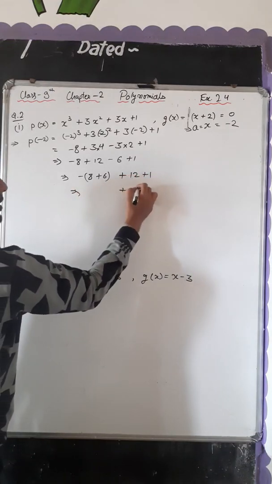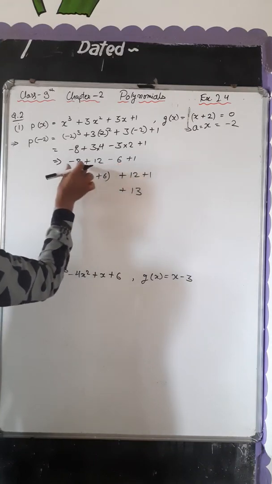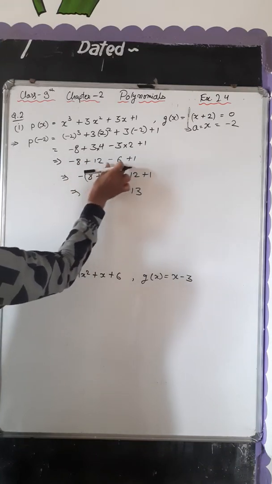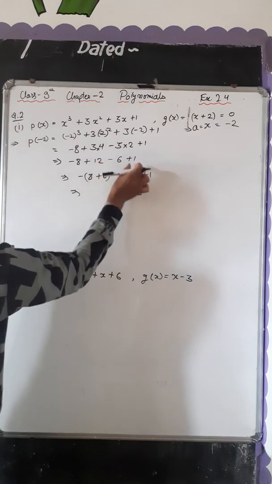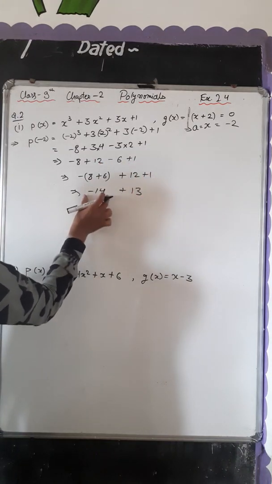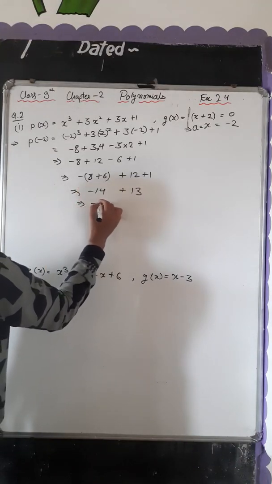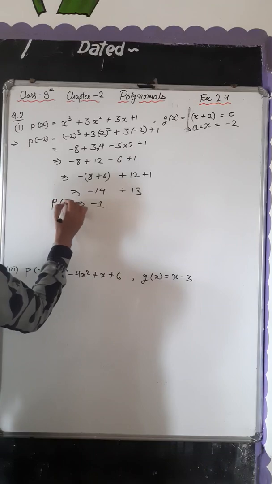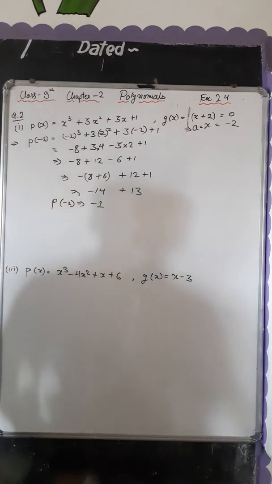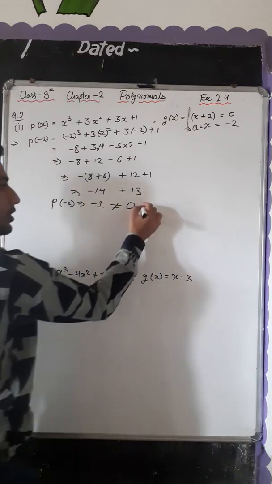Adding the two negative terms and the two positive terms separately, this is minus 14 and plus 13, and this will give minus 1. So the value of p(minus 2) is minus 1, that is not equal to 0.